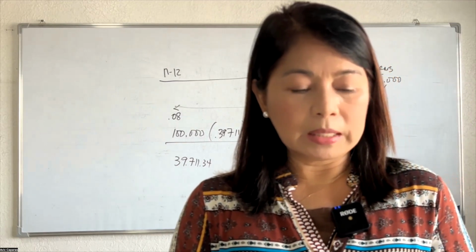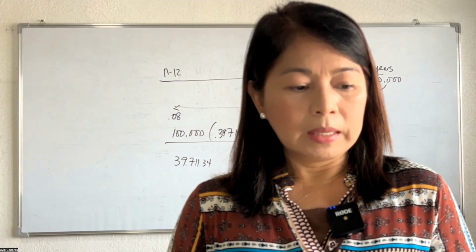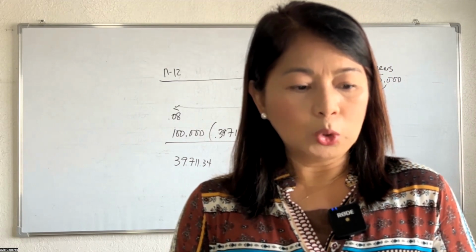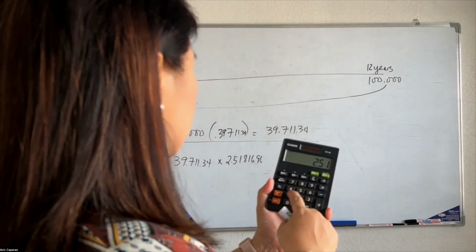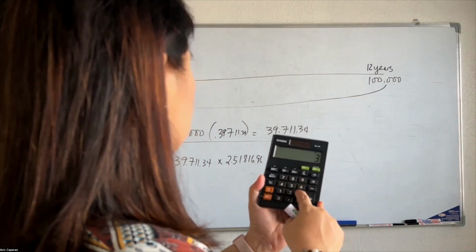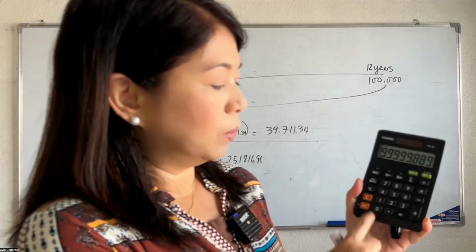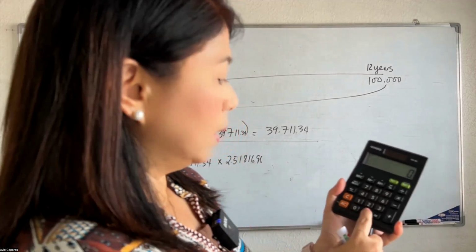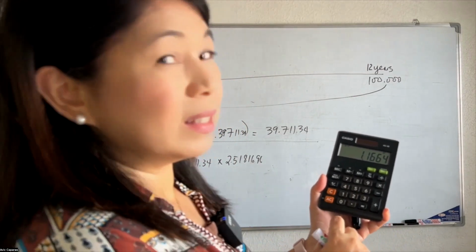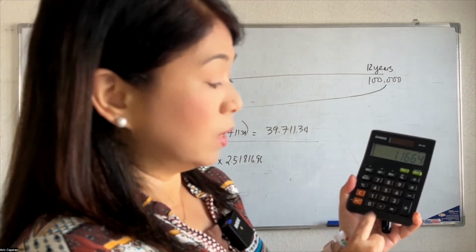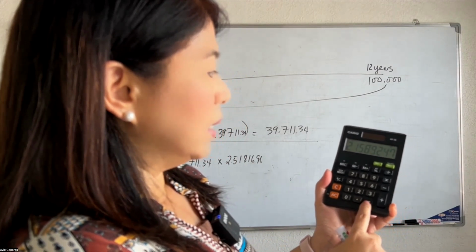Then 2, 3, 4, 5, 6, 7, 8, 9, 10, 11, 12.